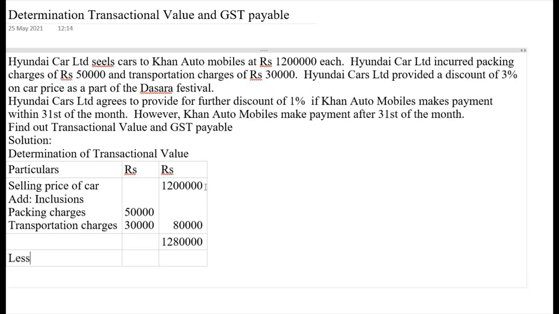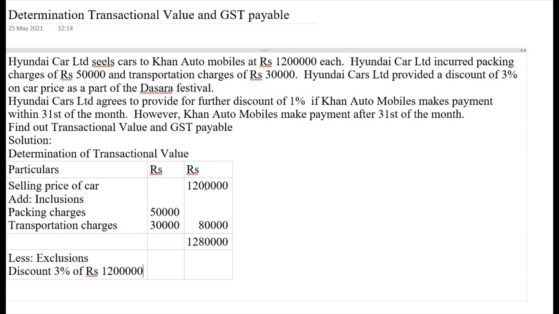Then here we should subtract, less exclusions, discount. So this discount is given as 3%. So 3% of rupees 12 lakhs comes to rupees 36,000.